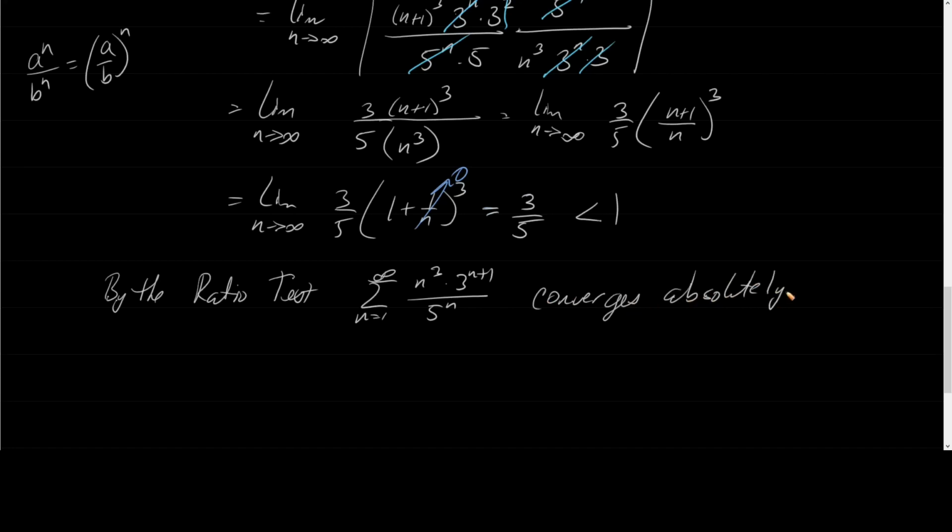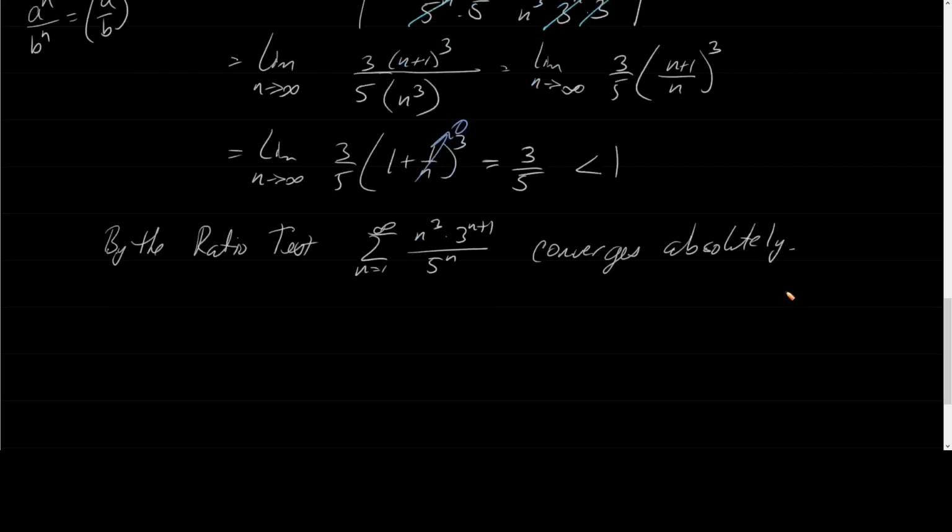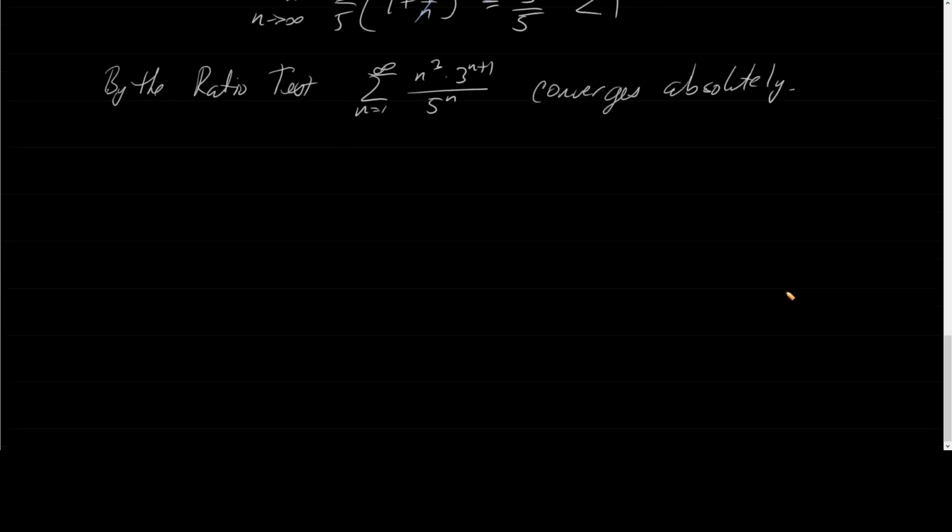All right. Cool. Let's do another one. So that was B, now C. Let's say we had the series from n equals 1 to infinity of n to the n over n factorial. All right.